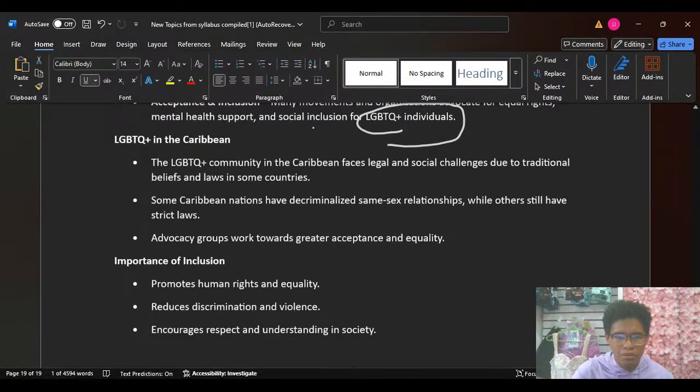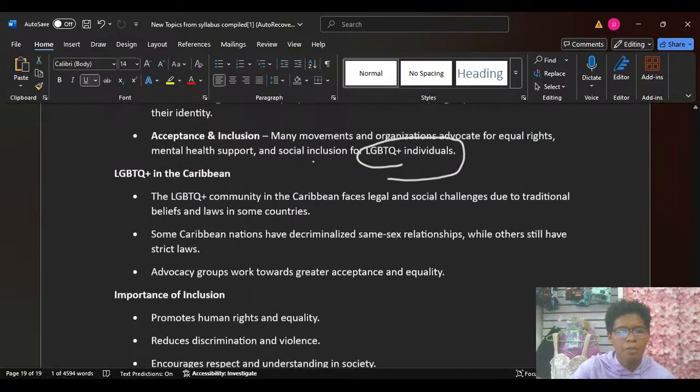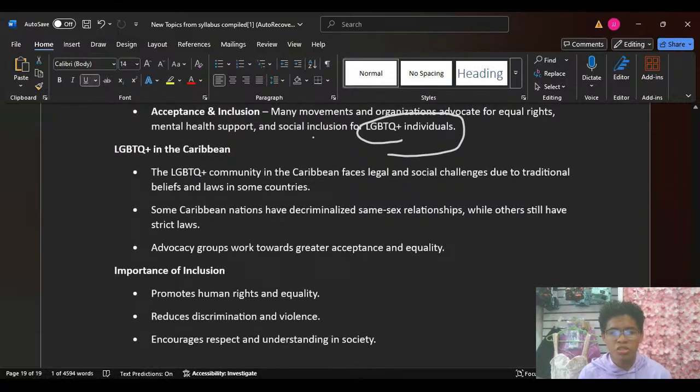We'll close up with the last topic. The LGBTQ plus community in the Caribbean faces legal and social challenges due to traditional beliefs and laws in some countries. I can't remember the exact country, but there is a country in the Caribbean where, if you are involved in same-sex relations, I think you will either be martyred, which is killed, or put in prison.